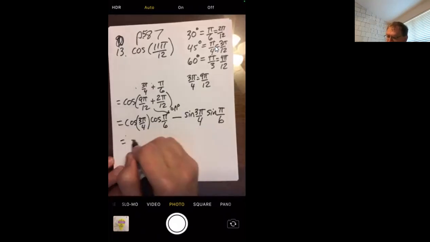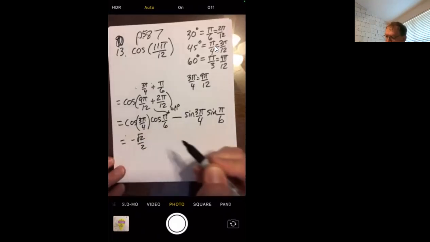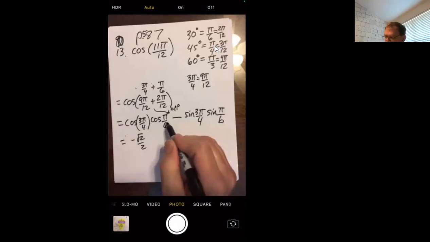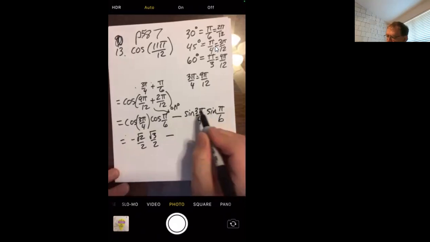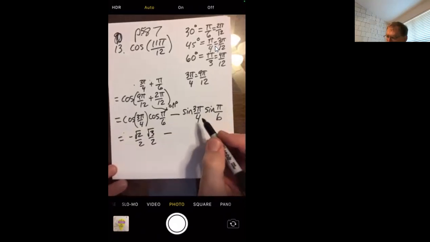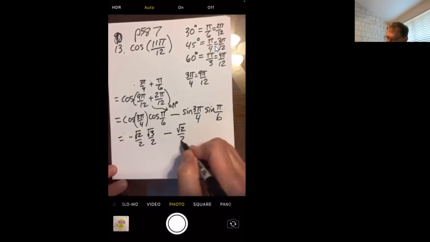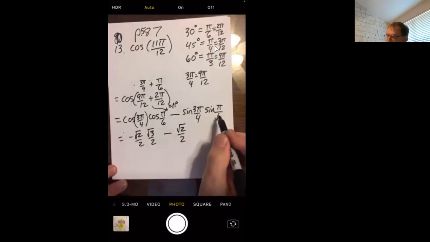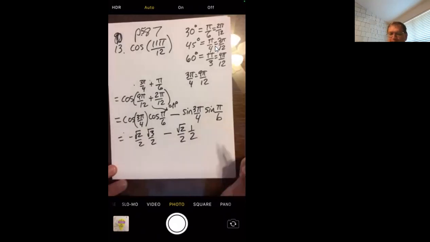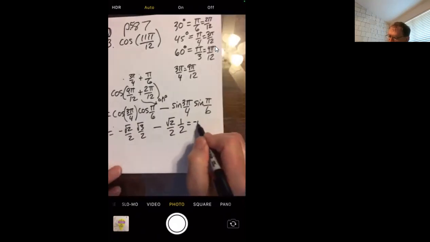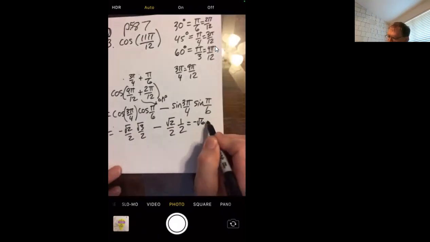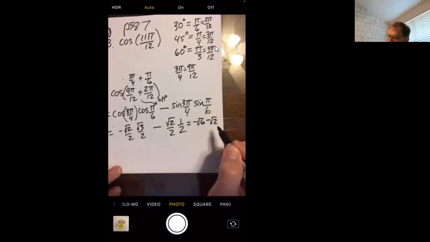That'd be a negative root 2 over 2. Cosine pi over 6 is in the first quadrant, that's your root 3 over 2. Minus sine of 3 pi over 4 is positive root 2 over 2. And your sine of pi over 6 is a half. So you're going to wind up with a negative square root of 6 minus the square root of 2, and it's all over 4.